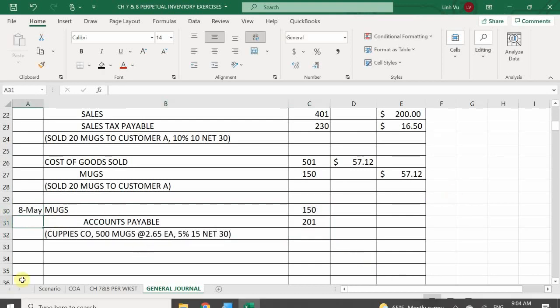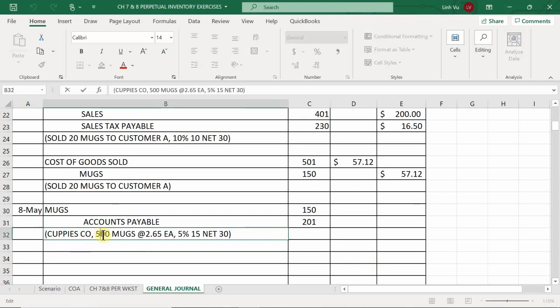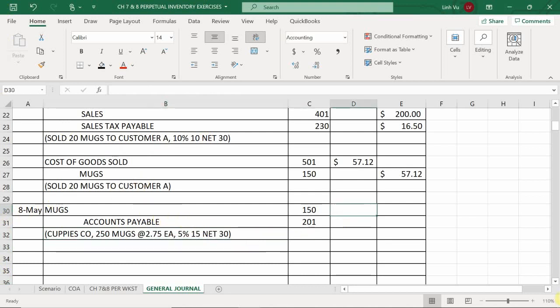All right, but this time we purchased 250 mugs at $2.75 each. Okay, but the terms are still the same, right? 5%, 15, net 30. So in this case, how much is my grand total for my mugs, and how much is my grand total that I owe?